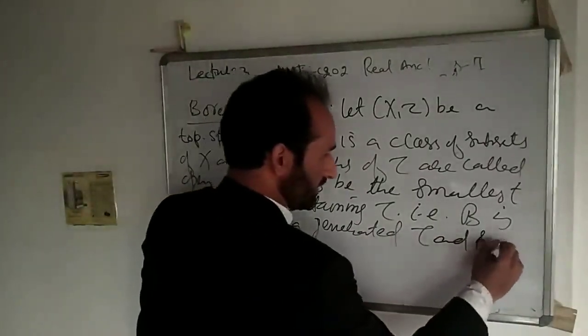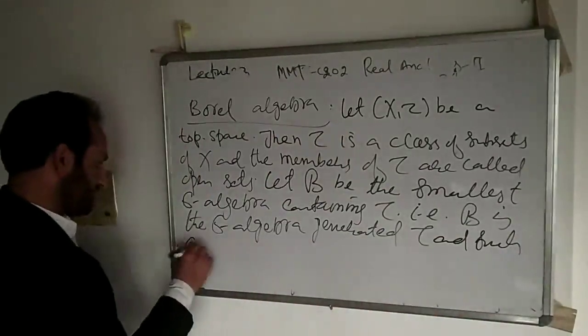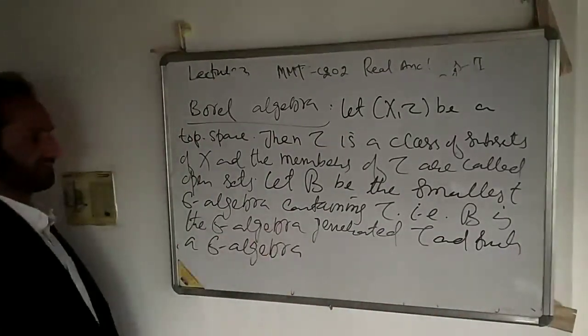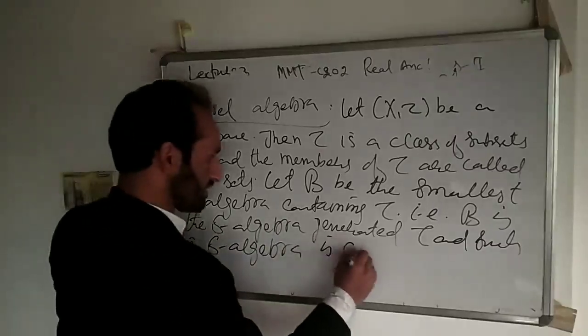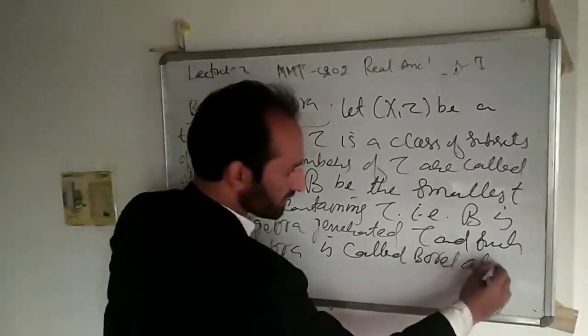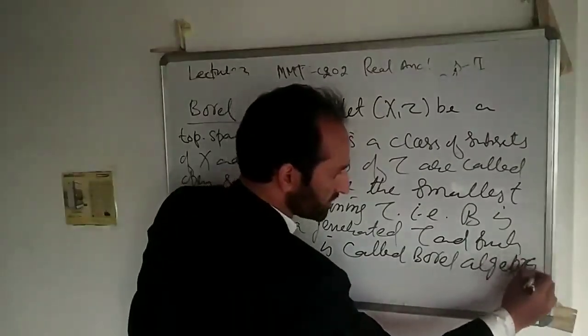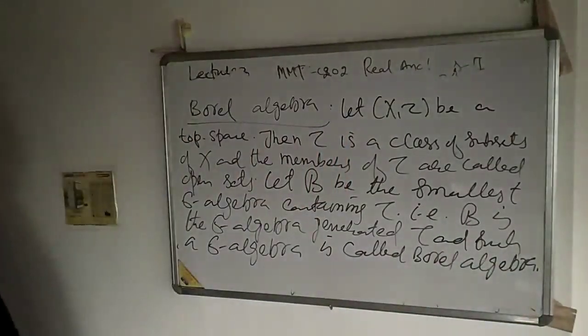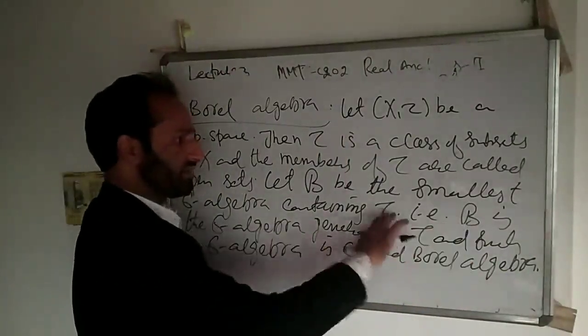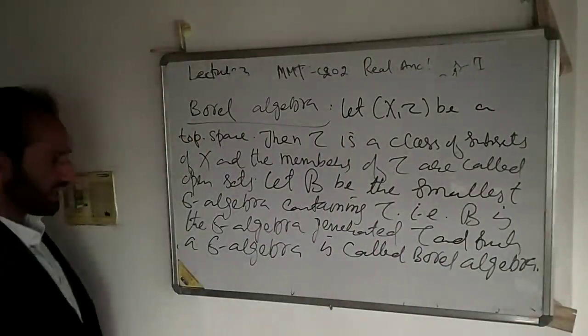And such a sigma algebra is called the Borel algebra. The smallest sigma algebra B, cursive B, containing tau, is called the Borel algebra.